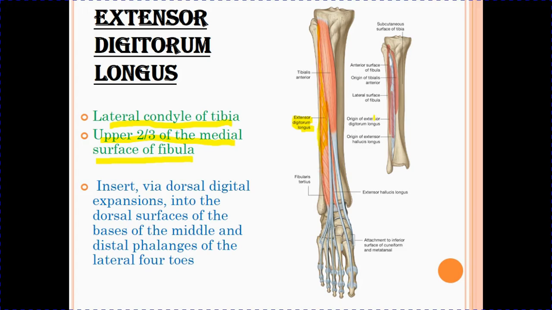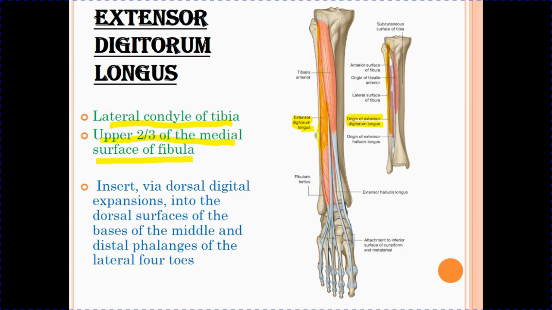We will look at the bone. This is the origin of extensor digitorum longus. You can follow from here. Extensor digitorum longus is arising from the upper 2/3 of the medial surface of the shaft of the fibula as well as from the lateral condyle of the tibia. Very clear picture of the origin.